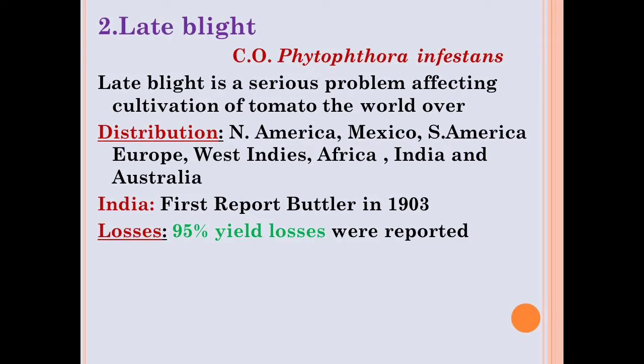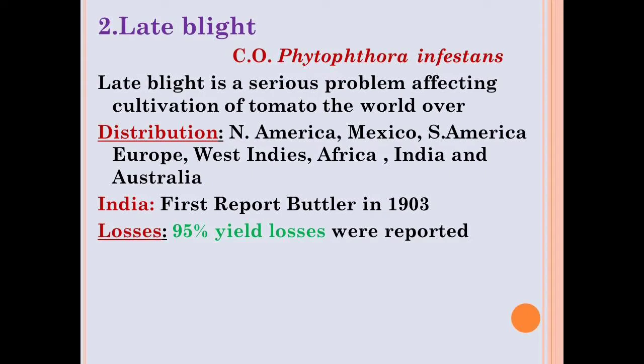In 1845, a large famine occurred due to the infection of this late blight pathogen. So economically it is a very important disease, and it is widely distributed all over the world. It shows 95% yield losses when severe infection occurs.